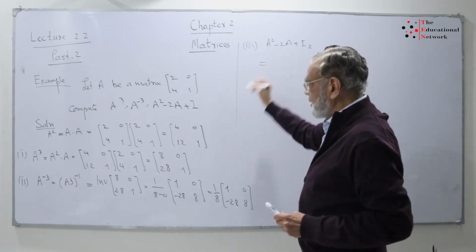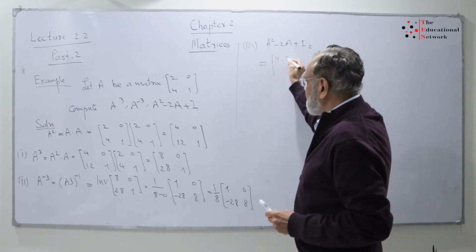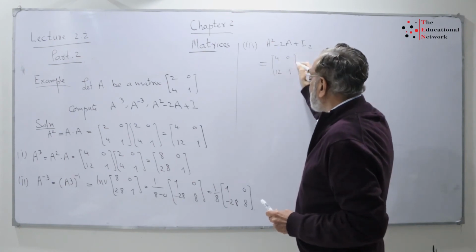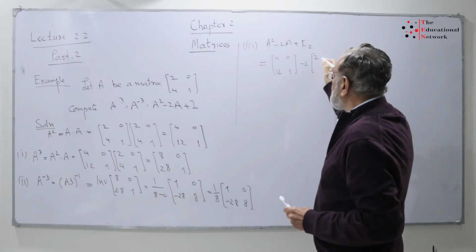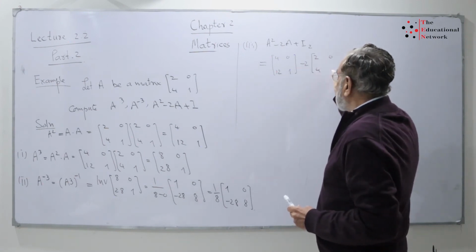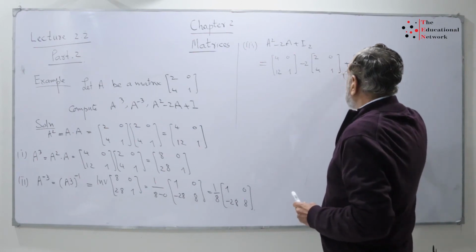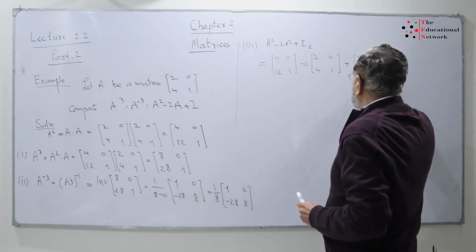So I can write the value. I have the value of A squared, which is 4, 0, 12, and 1. Then I have minus 2 into A. My A is 2, 0, 4, and 1. Then I have the value of I2, my I2 is the unit matrix of size 2 by 2.